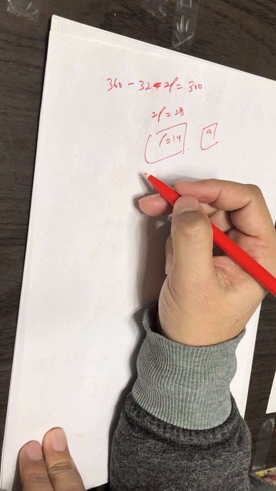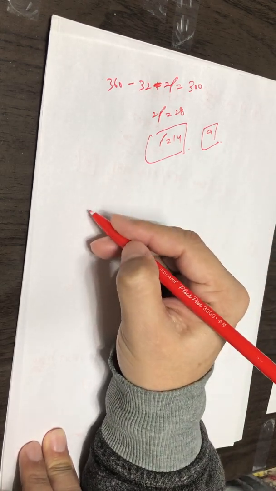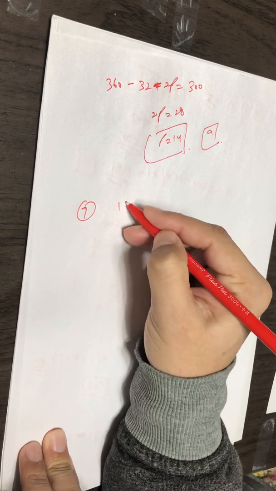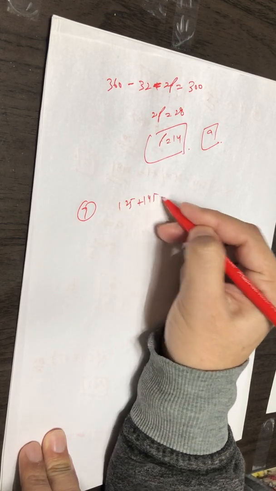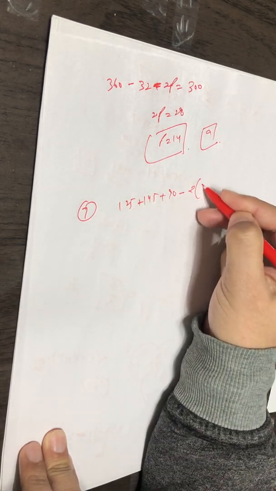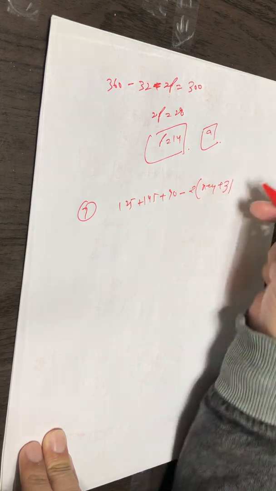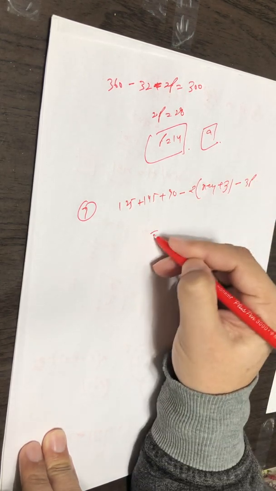So in this case, it is question number 9. So exactly one game will be given by the addition of 125 plus 140 plus 90 minus twice X plus Y plus Z minus 3P.